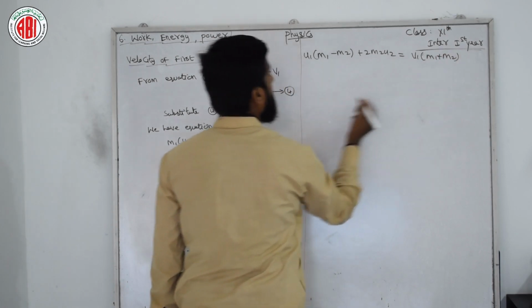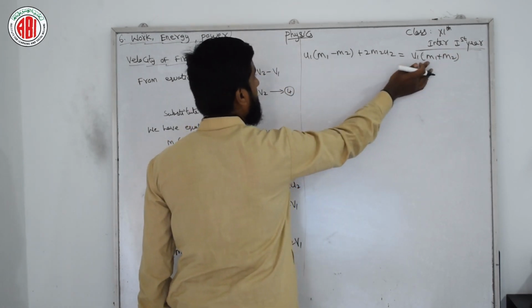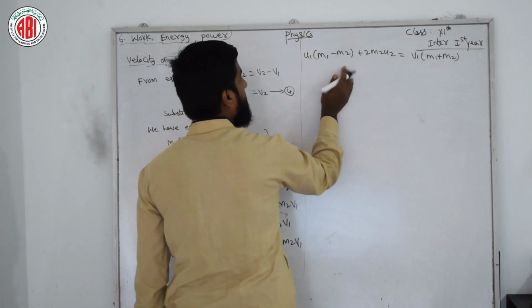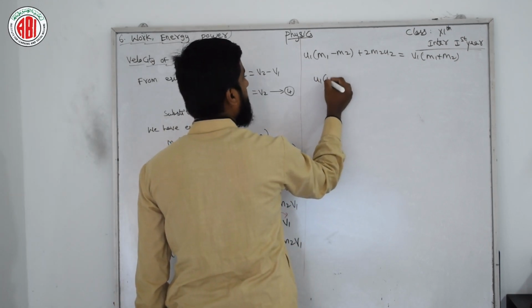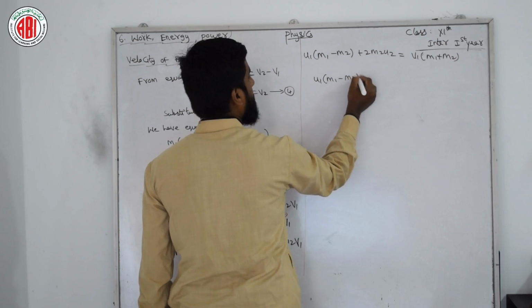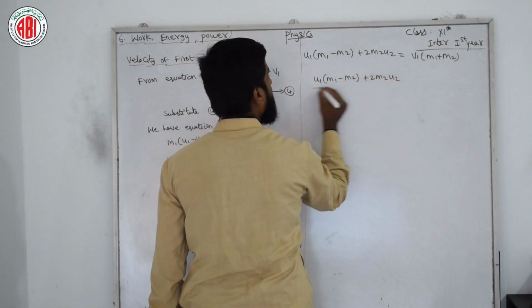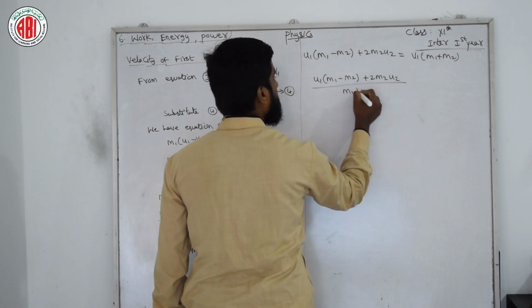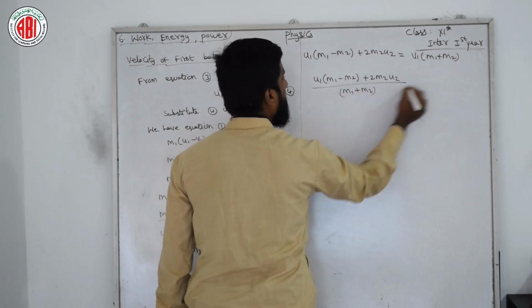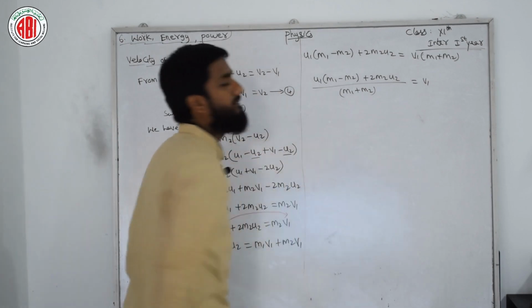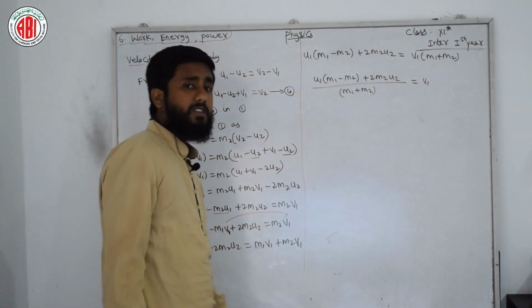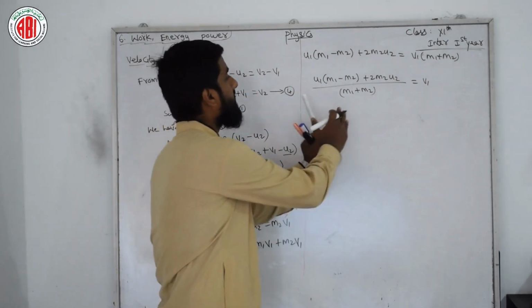In the next step we send m1 plus m2 to the denominator, so we get u1 into m1 minus m2 plus 2m2 u2, whole divided by m1 plus m2, and here we got the final answer for velocity v1. Now I am separating the numerator and denominator.